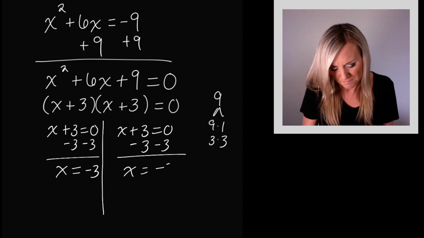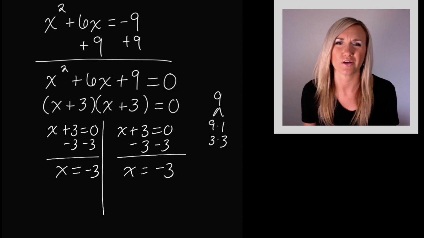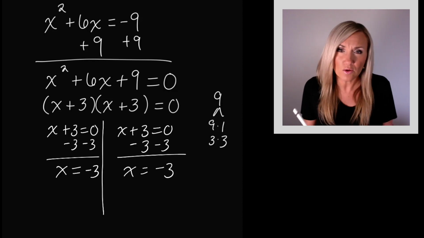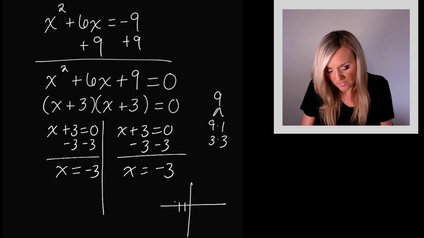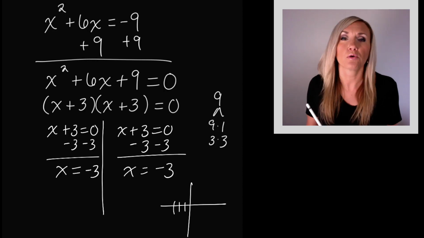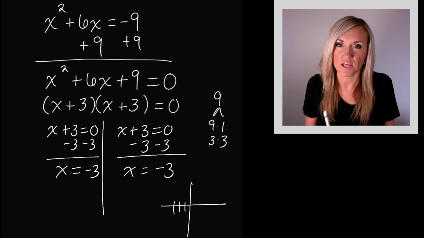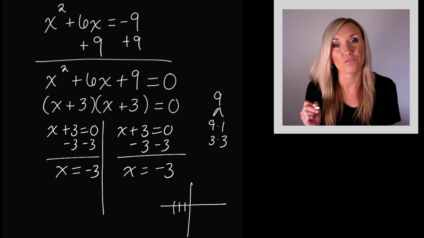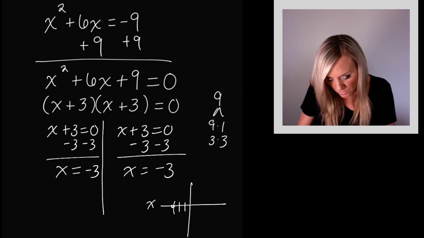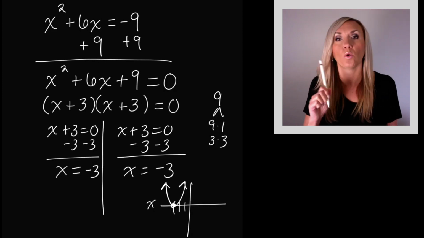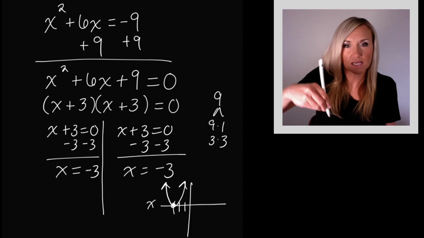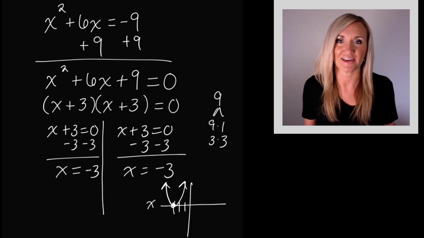So what does that mean for our quadratic? Well, if we were to graph, I'm just going to draw a little graph off to the side, that means that our parabola is only going to touch the x-axis at negative 3. So at negative 3, our parabola only touches, boom, hits at negative 3, and then goes back up again.